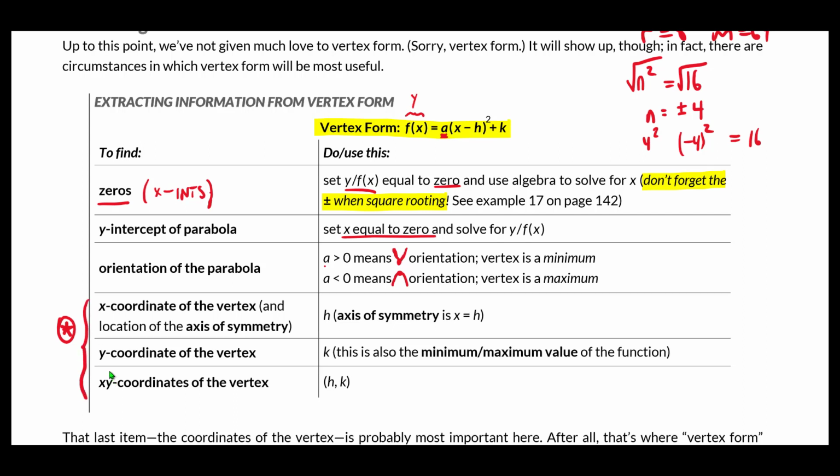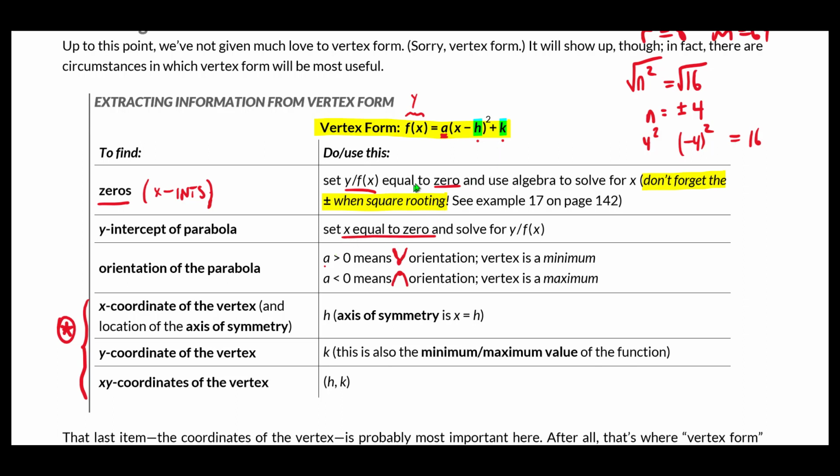The vertex form makes abundantly clear what our coordinates are at the vertex, because the h and the k, in other words, whatever is in those two positions, the h position and the k position, are the coordinates of the vertex. That is why vertex form is called vertex form, because vertex form makes clear or lays bare the x and y coordinates of the vertex.